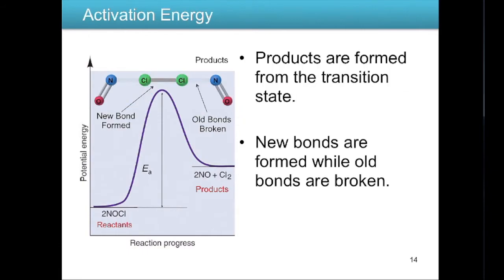What we end up with is our two products. Now we have two NOs and one Cl. We have the new bond that was formed and the bonds that are no longer there, because those are the ones that were broken.